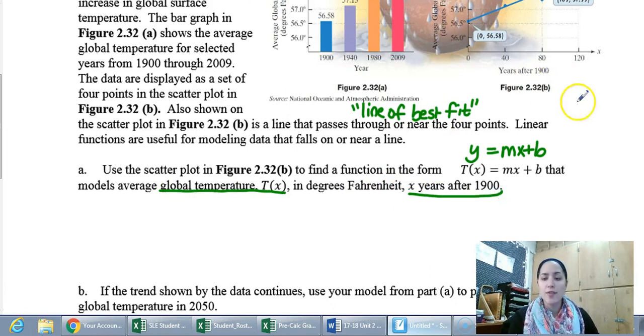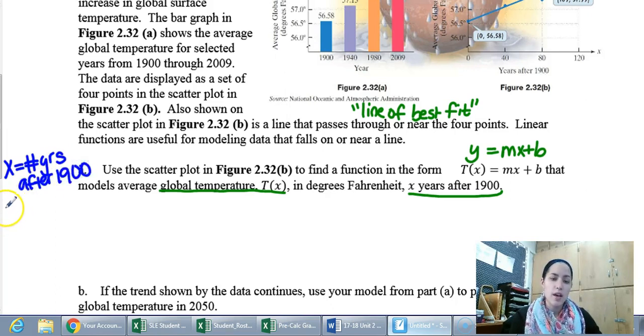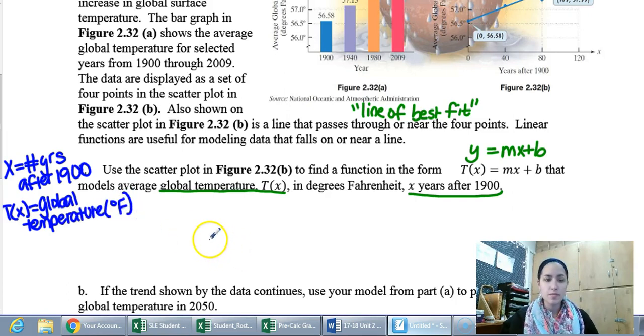So off to the side, the very first thing I'm going to do is keep track of those variables. x equals number of years after 1900, and T of x equals global temperature in degrees Fahrenheit. So let's see. This is my goal.